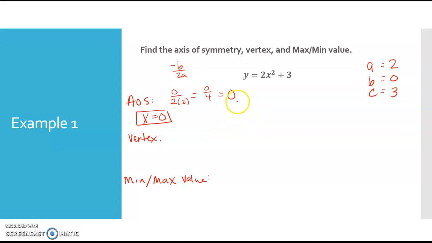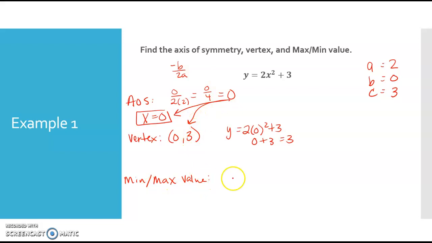Vertex, I'm going to take that 0 and plug it back in. So I know my x value of the vertex, right? It's 0. I've got to find my y value. So y would equal 2 times 0 squared plus 3, which is 0 plus 3, which equals 3. So I've got the vertex of 0, 3. Again, this goes here and there, both places.